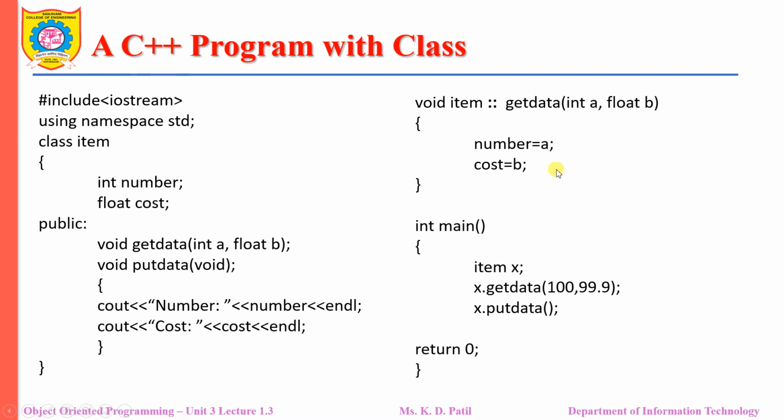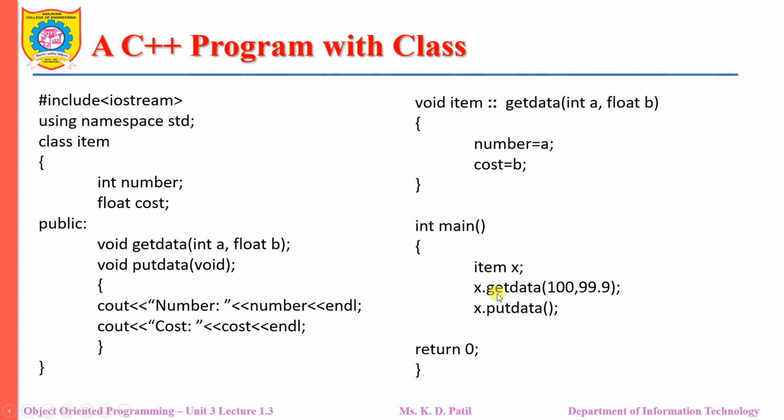And inside the body, I just want to indicate that integer a belongs to the number and float b belongs to the cost. So whenever some argument is passed, for example, if you observe this integer main function here, item x is the object which is created of the data type class, and I have called the function as x dot getdata.